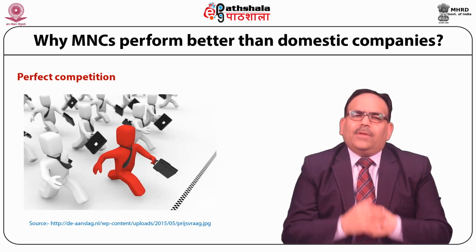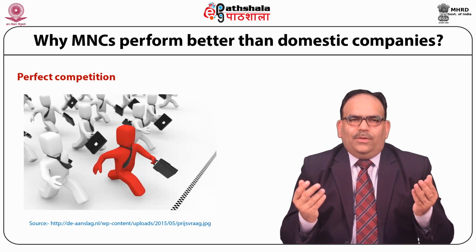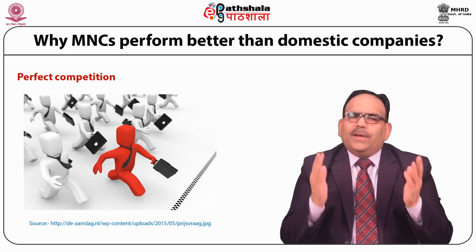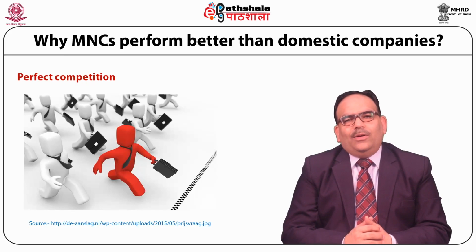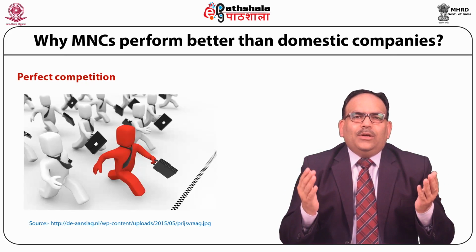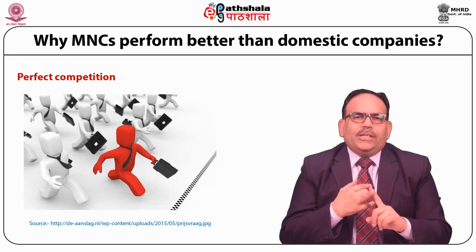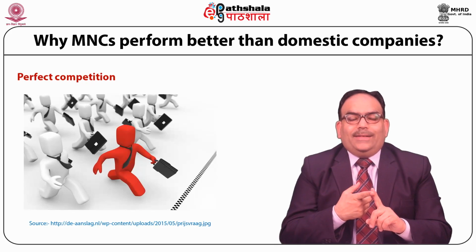However, a variety of barriers still impede the free movement of goods, services, and financial assets across national boundaries. These barriers include government controls, excessive transportation and transaction costs, lack of information, and discriminatory taxation.